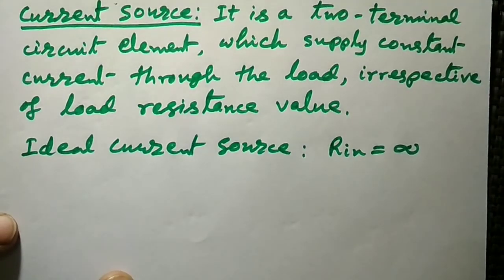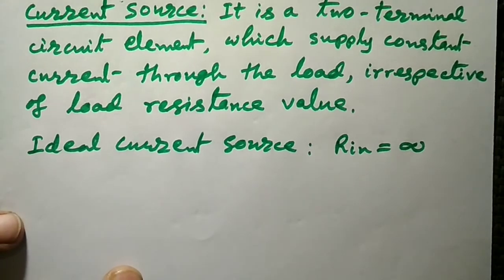But again, the ideal current source is not possible. So in an actual current source, in a practical current source, there should be some internal resistance, and it is considered as connected across the source.